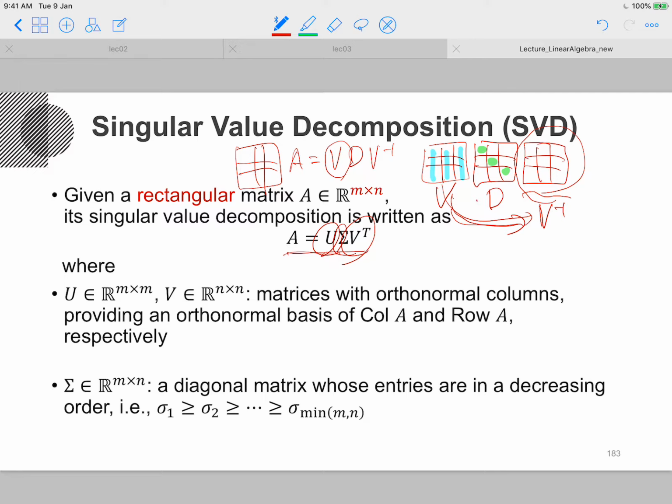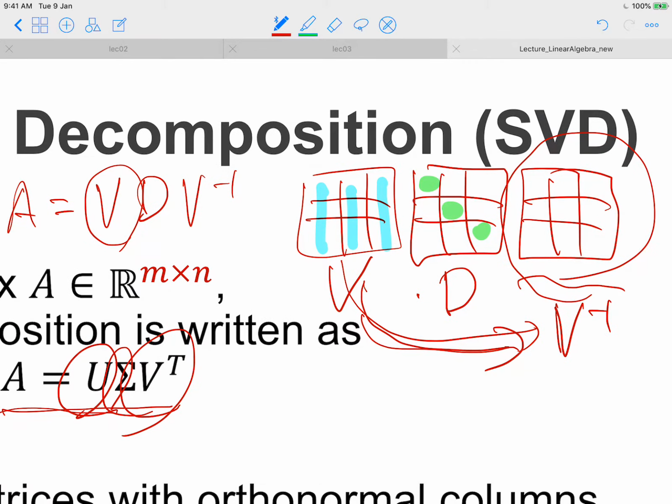Okay, but still we impose an additional constraint or condition to define our singular value decomposition, which is that the columns of U. In the place of U, we originally had V in the case of eigendecomposition, and the requirement was that those three vectors are linearly independent, right?